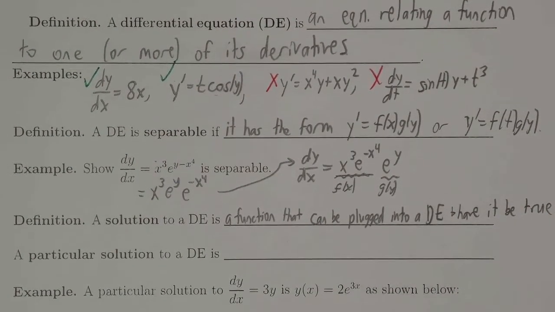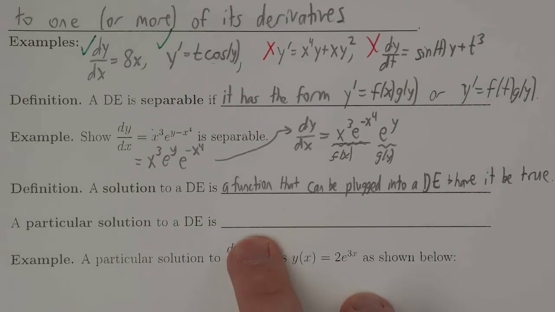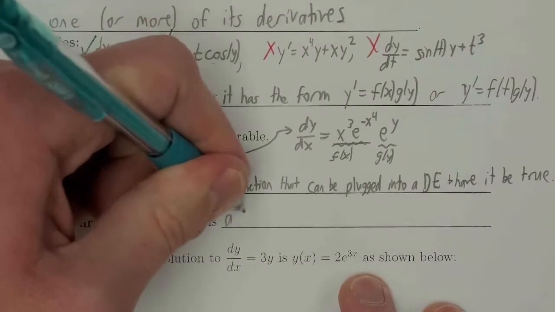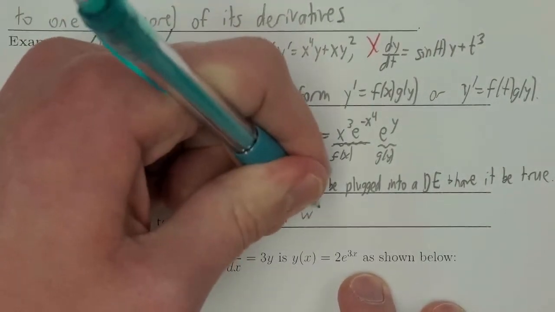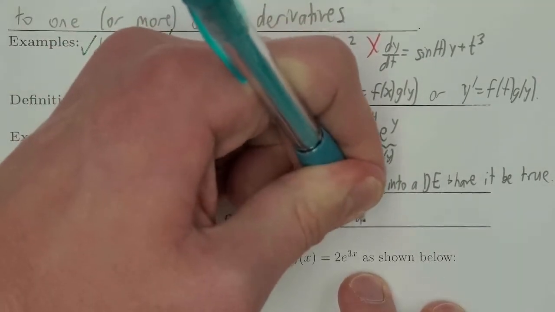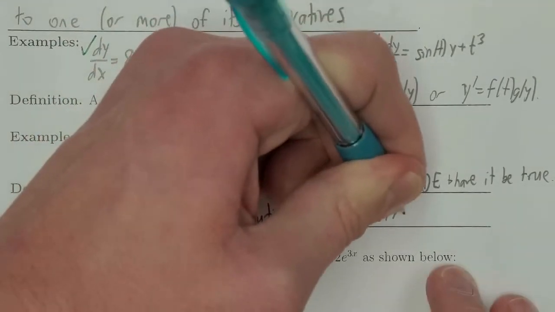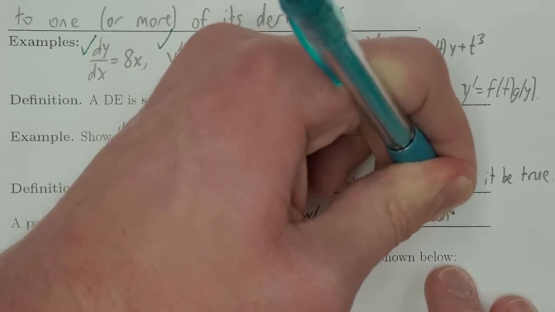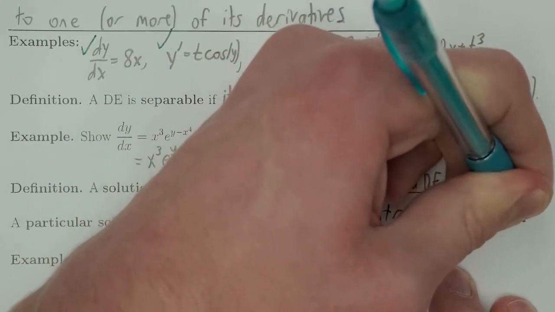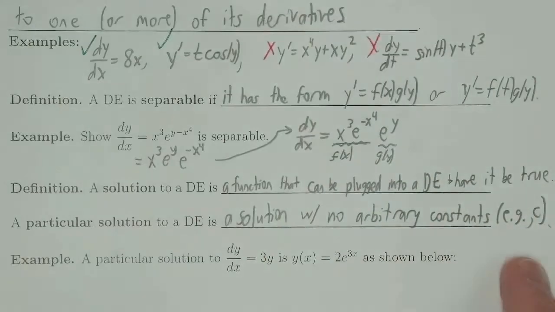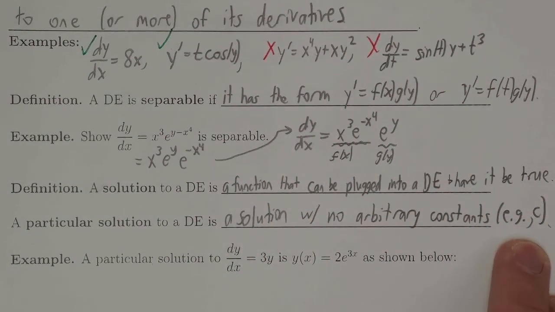Okay? So that's what a solution to a DE is. But a particular solution is just a solution with no arbitrary constants. What I mean is the usual C constant is our arbitrary constant.